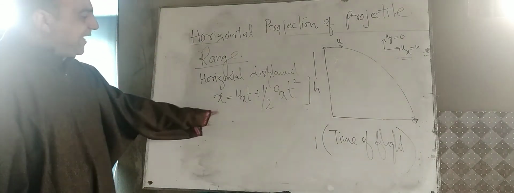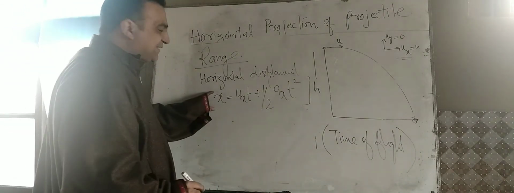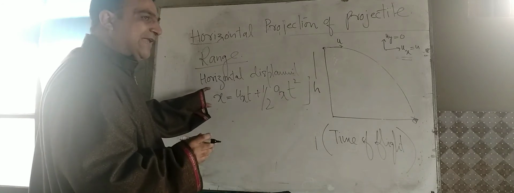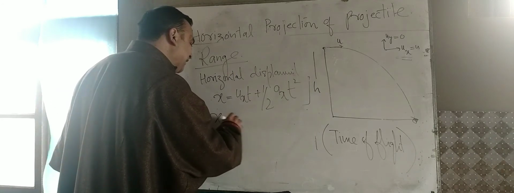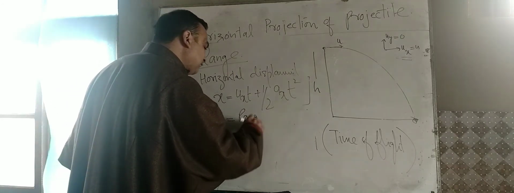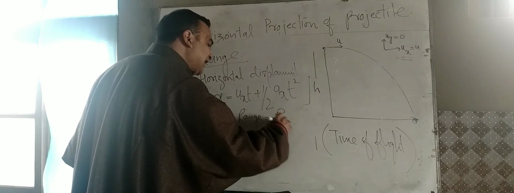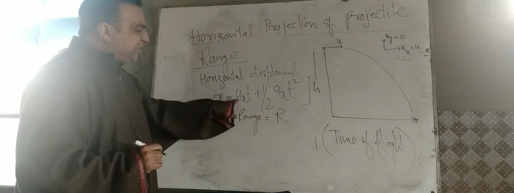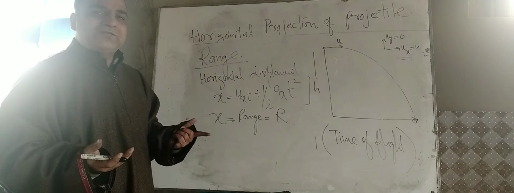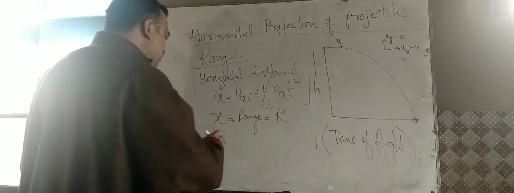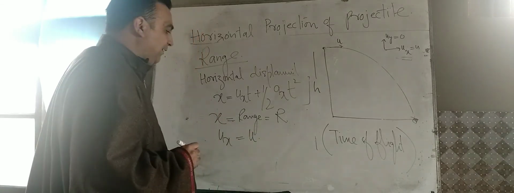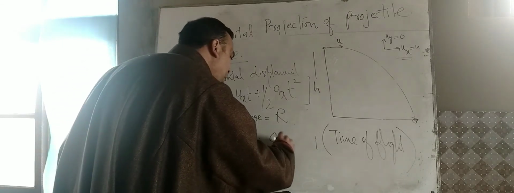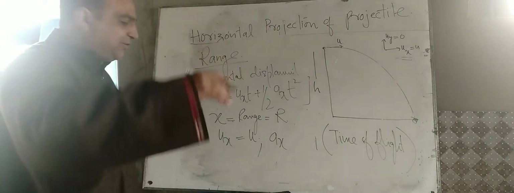Now you see, in this case, when you calculate the total horizontal distance, this x must be replaced by the range. So that range is symbolized as r. This ux remains constant throughout the motion of the projectile, so this ux is simply u. And what about ax? All of you know, there is no horizontal acceleration. This ax is equal to 0.